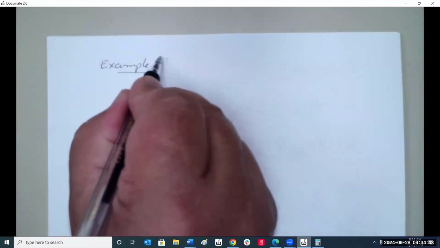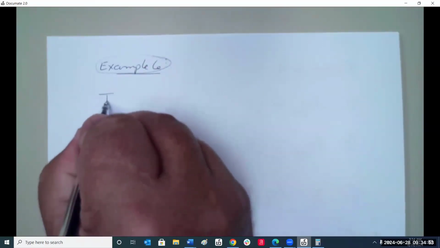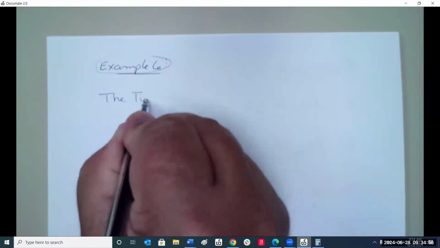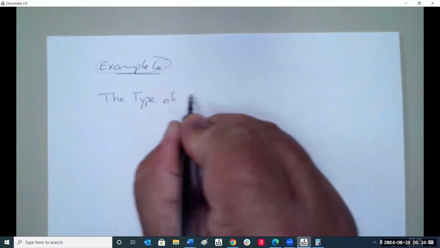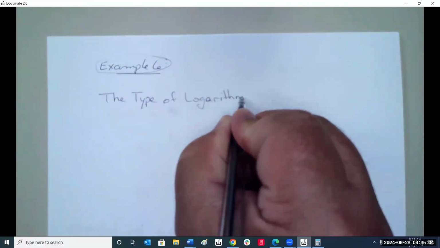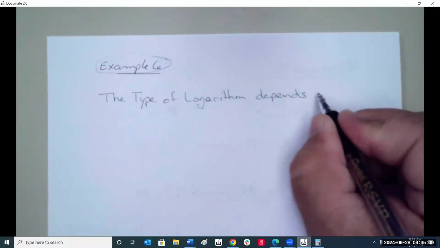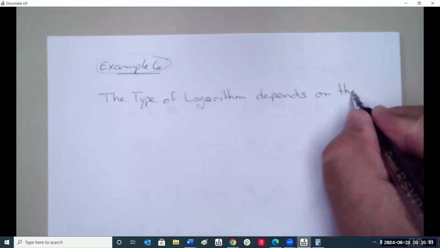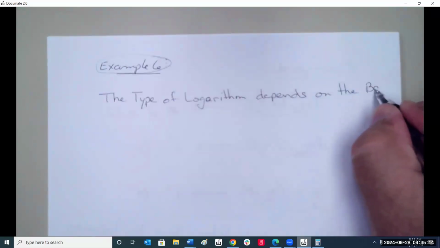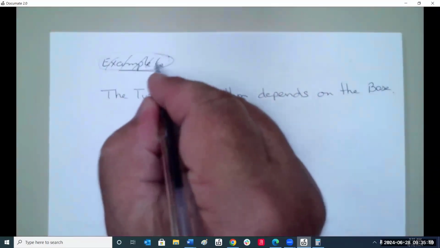Actually, before we do example 6, let's define the different types of logs that we have. The type of logarithm depends on the base. The type of log depends on the base.